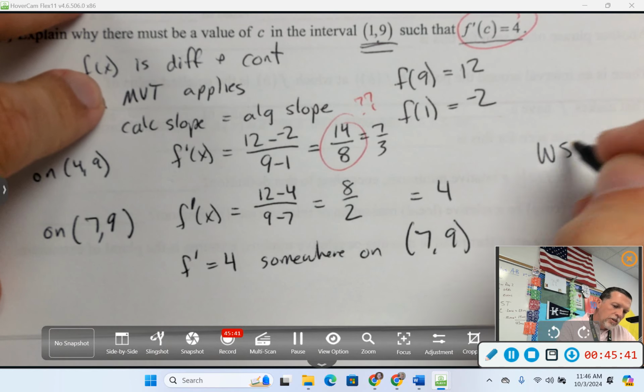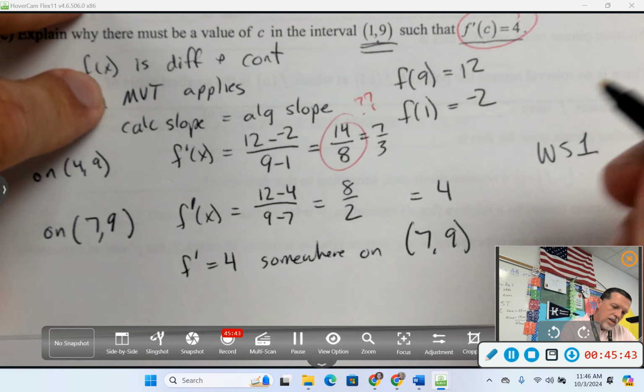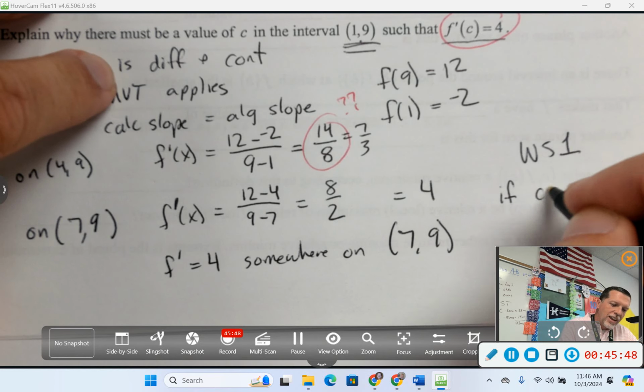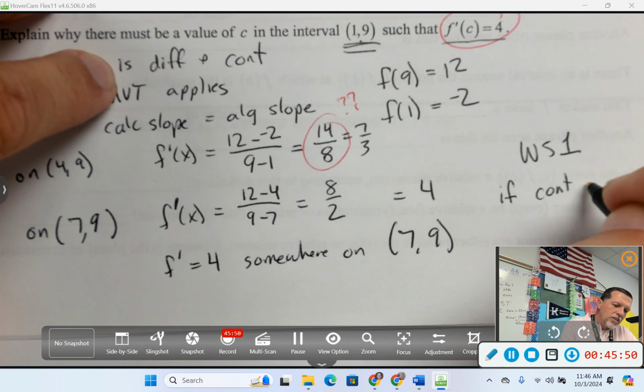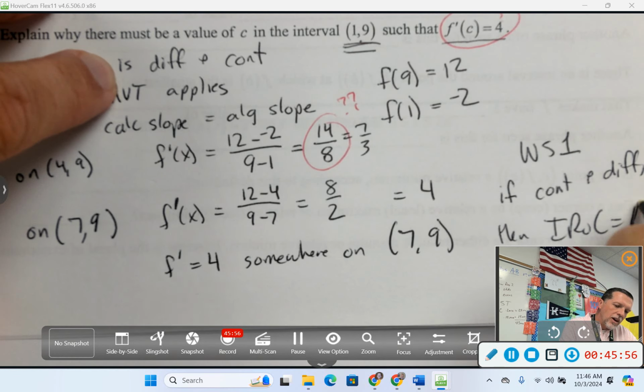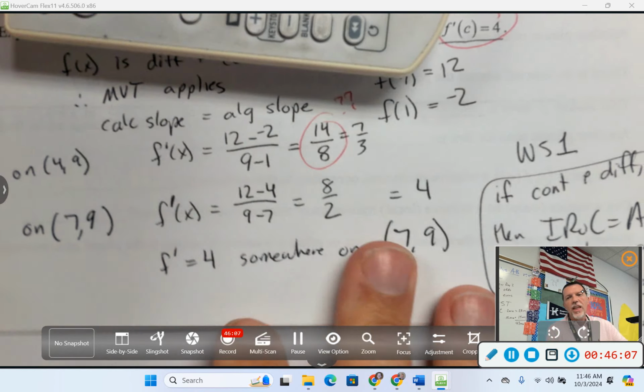Alright, I'm going to give you worksheet 1 in just a second. Let me summarize as briefly as I can. If it's continuous and differentiable, then IROC equals AROC, or calc slope equals algebra slope. Okay, there's the lesson in one brief statement.